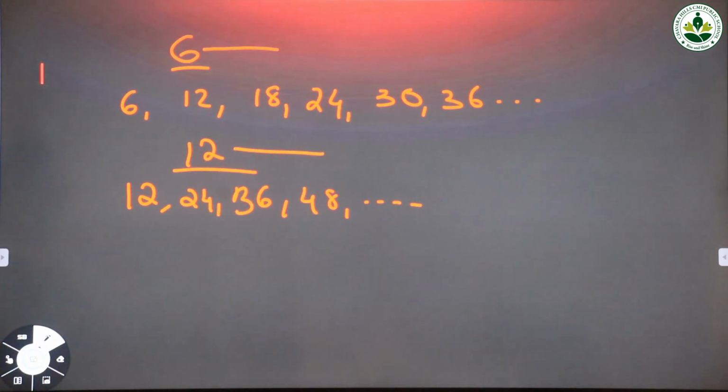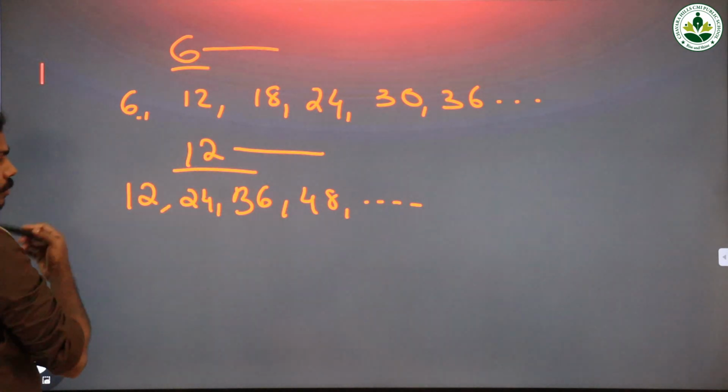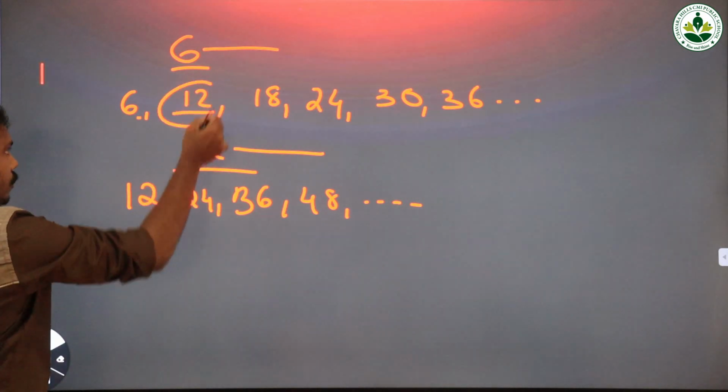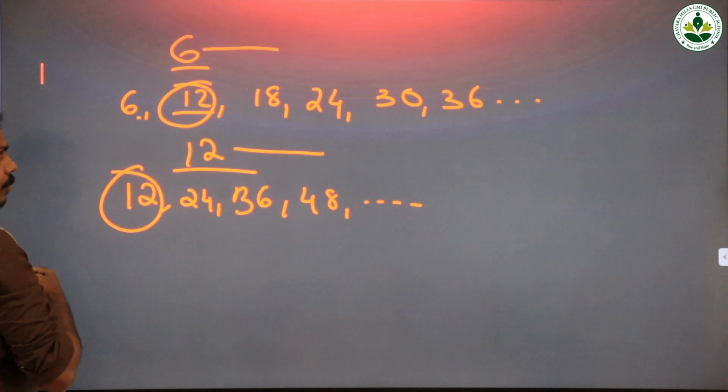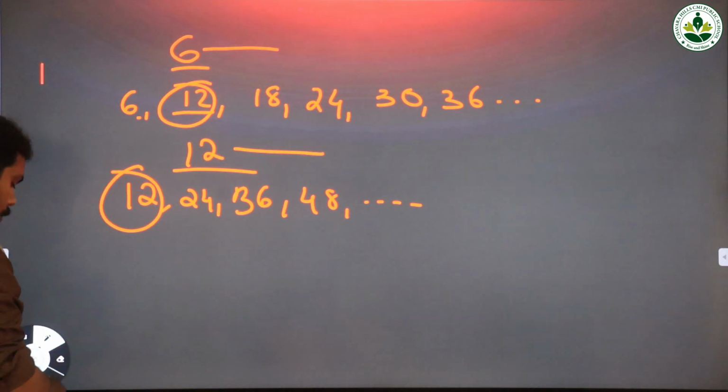From these two lists, which are the common multiples? Here we can see 6, but there is no 6 in the multiples of 12. 12 is there, in both cases we have seen 12.